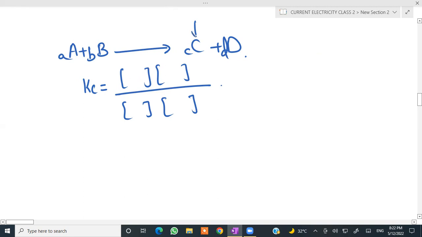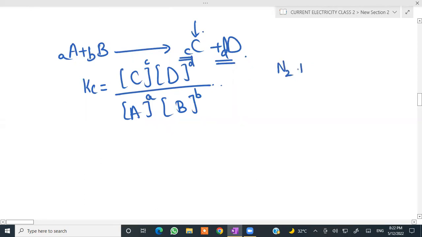It's a concentration of this capital C, right? To the power of the small c. Yes, and capital D to the power of small d, upon capital A and capital B, capital A to the power of small a and capital B to the power of small b. Achha, sorry, never mind. I got it.